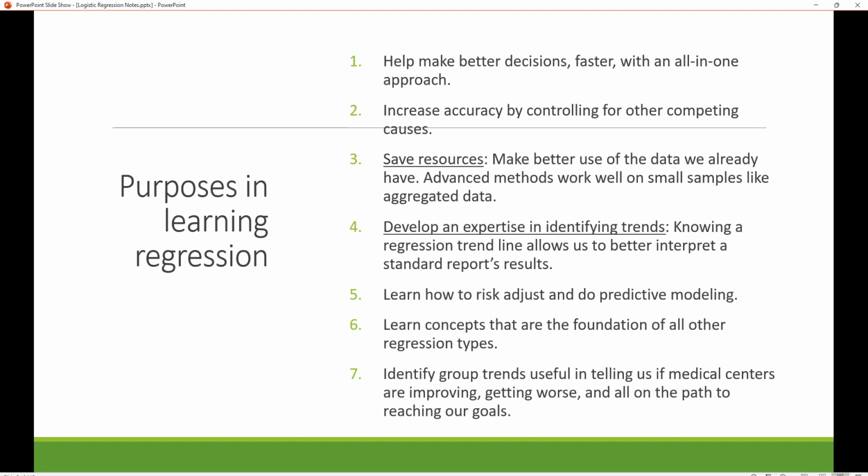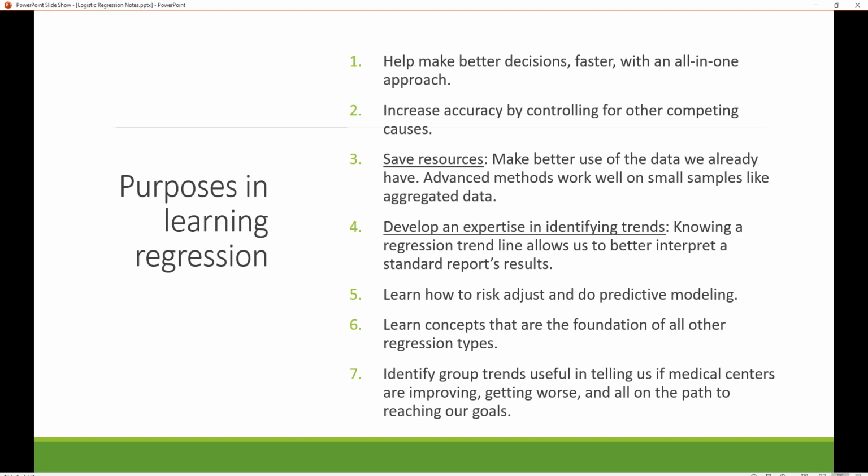Number 6, learn concepts that are the foundation of all other regression types. If you've covered multiple linear regression, you've probably already reviewed some of these concepts, but once you learn these concepts in one type of regression, these are things that you can apply to different types of regressions or different phenomena that you're going to cover.